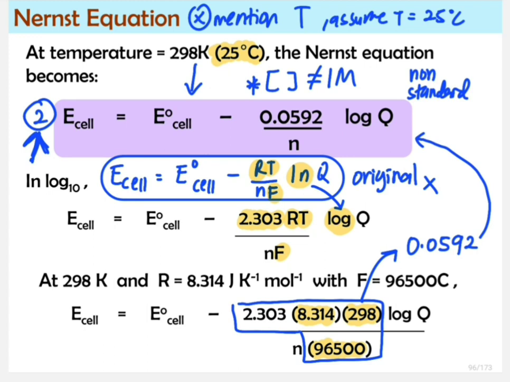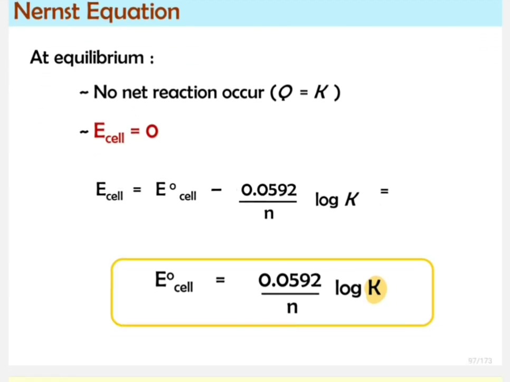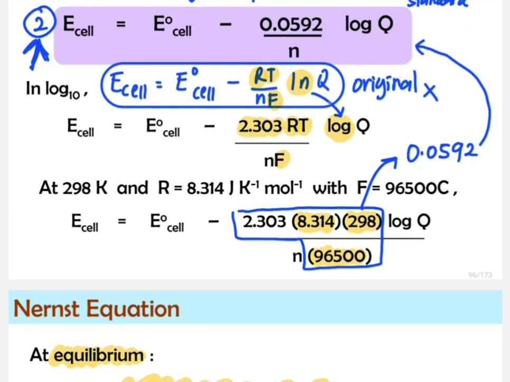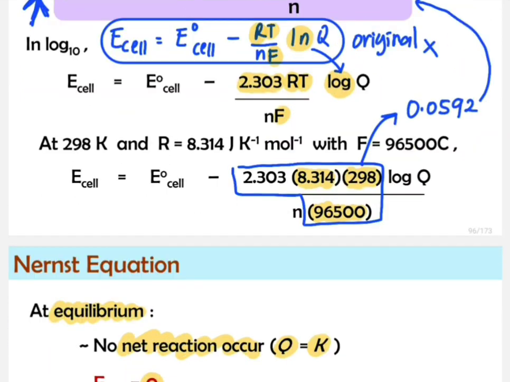Okay, alright. So next, what if the reactions is at equilibrium? So no net reaction occur, meaning that Q is equals to K, dan E cell potential is equals to 0 at equilibrium. So we know that this is the equation that we learn just now. Okay, kenapa jadi K ni? Tadi kan Q. Okay, cuba tengok sini. Tadi Q. Okay, jadi kenapa boleh jadi K?